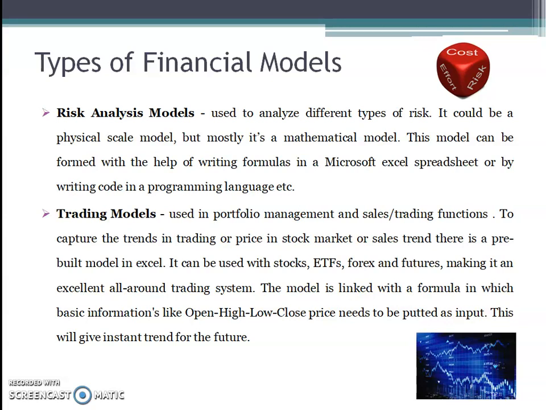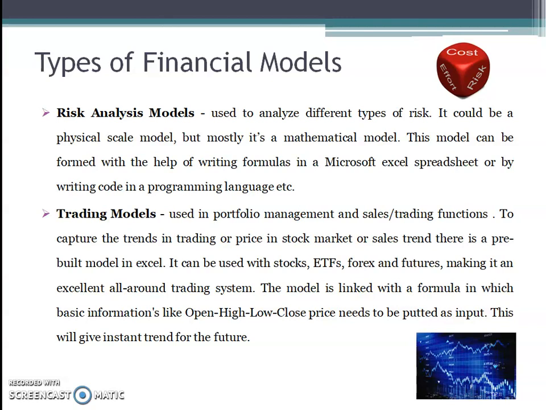There is a pre-built model in Excel. It can be used with stocks, exchange traded funds, foreign exchange, and futures, making it an excellent all-around trading system. The model is linked with formulas in which basic information like open, high, low, and close price needs to be put in as input, and this will give an instant trend for the future.